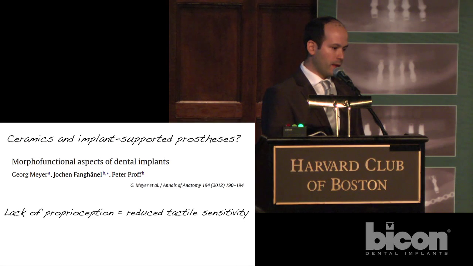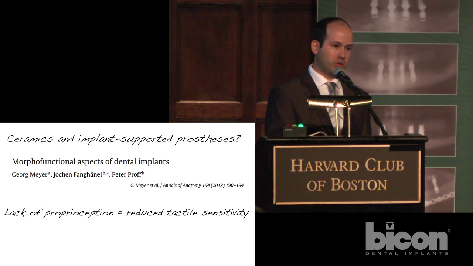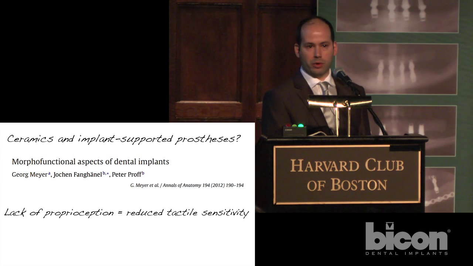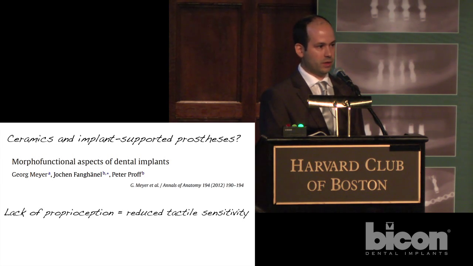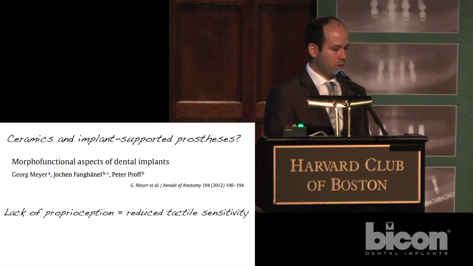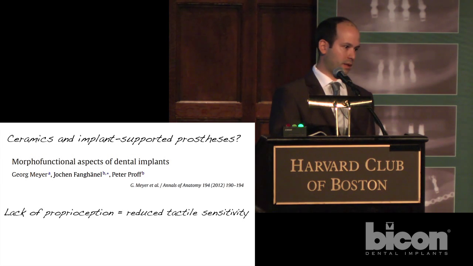So another very important aspect that we cannot forget, and this directly applies to implant dentistry, is that a patient wearing an implant-supported prosthesis presents a substantial loss of proprioception, okay, and a reduced tactile sensitivity.